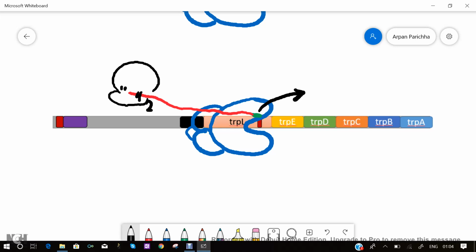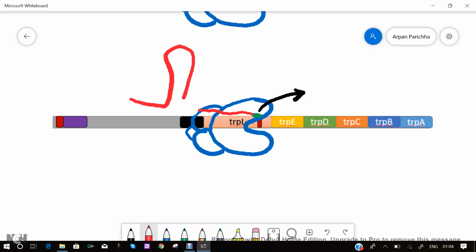As a result, the ribosome slows down. When the ribosome slows down, it is lingering around region 1 only. Regions 2 and 3 are free, and as a result, the anti-attenuator loop is formed, because the ribosome is lingering around region 1.